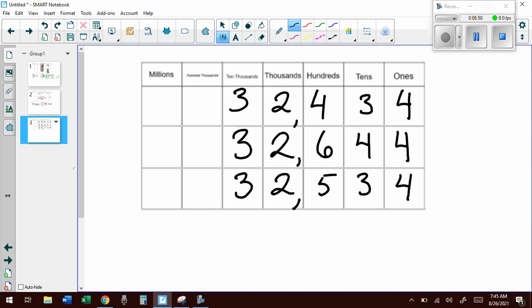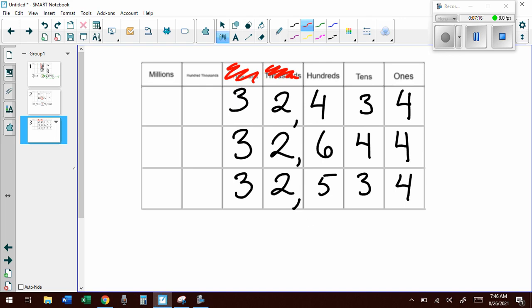So reading this from left to right, they have the same amount of 10,000s. So we can't look at the 10,000s. That doesn't give us any information. They have the same amount of thousands, so we can't look at the thousands to compare because they have the same amount. But now we run into different hundreds.